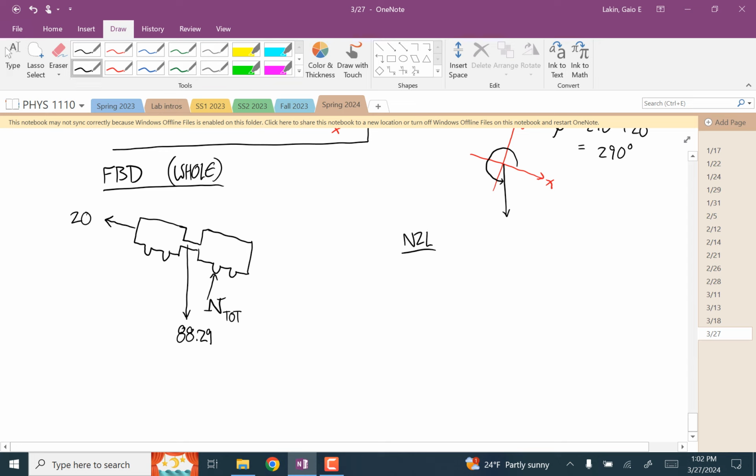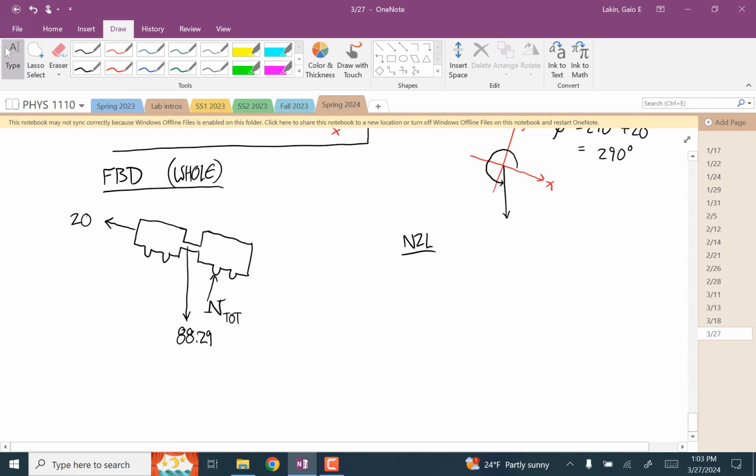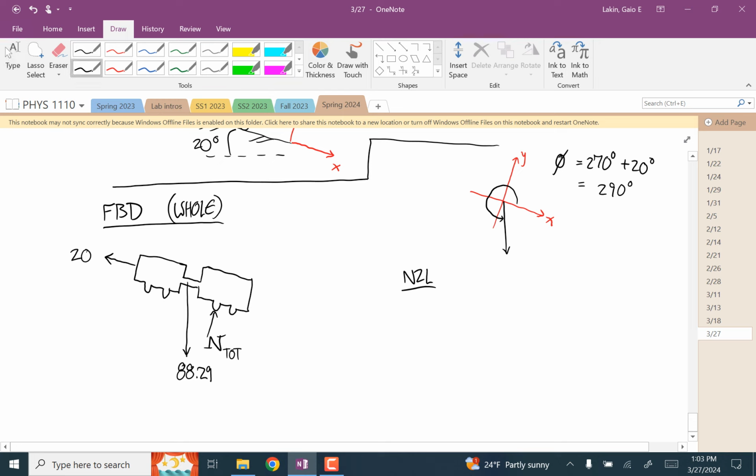Newton's second law. So 88.29 times cosine and sine of 290 is 30.20, negative 82.97.